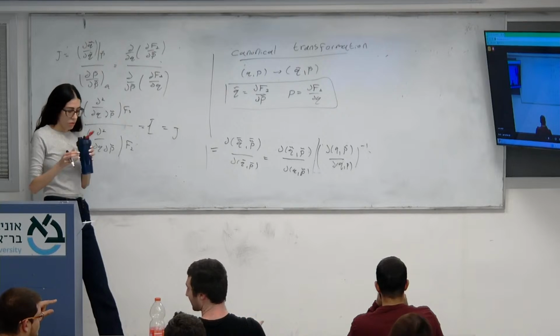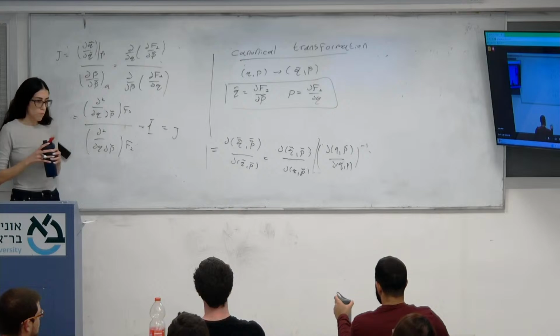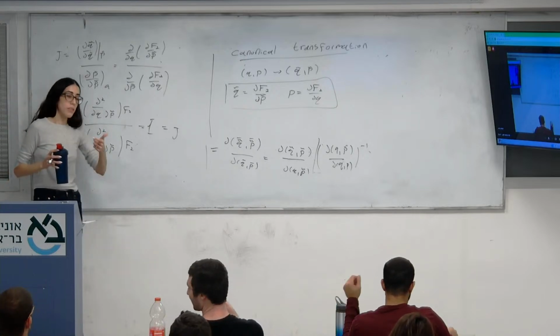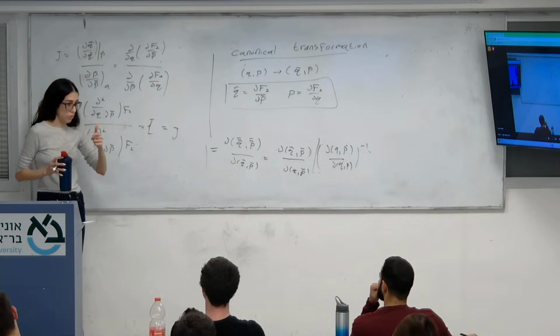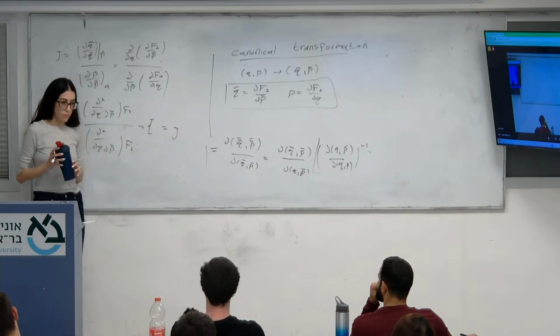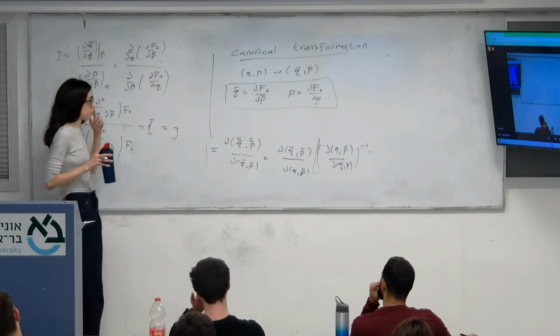But here J stands for the determinant. You take the determinant of the matrix itself. You take Q and P. Yes, you also take the momentum. When you consider both of them together, you have overall one, yes, in phase space, only in phase space. If it were just Q, that would not hold.